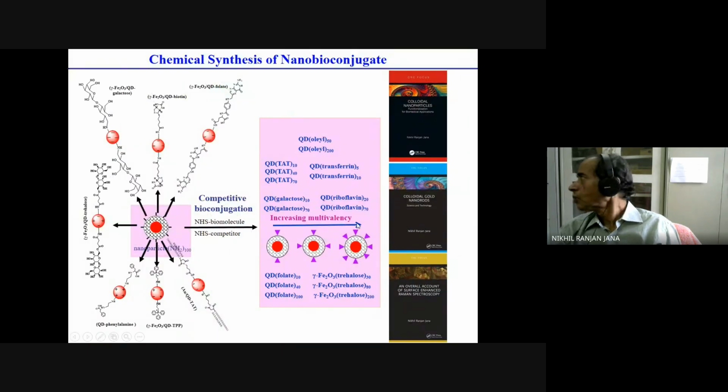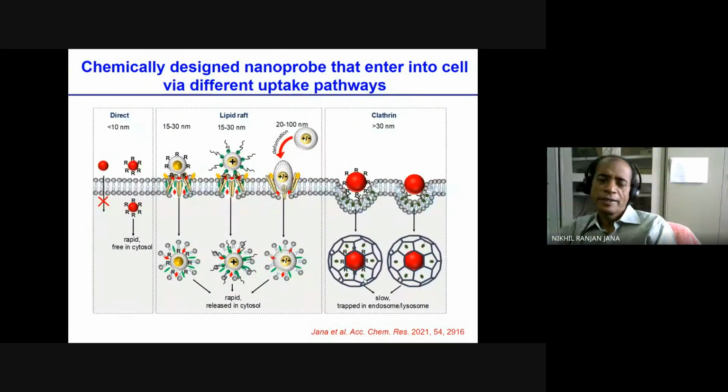And by controlling this, we can control their uptake with cells. This is a cell uptake. These are the particles that we make, and depending on the particle size, surface chemistry, there are different uptake mechanisms.